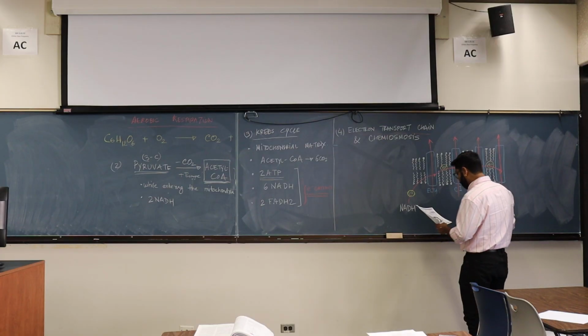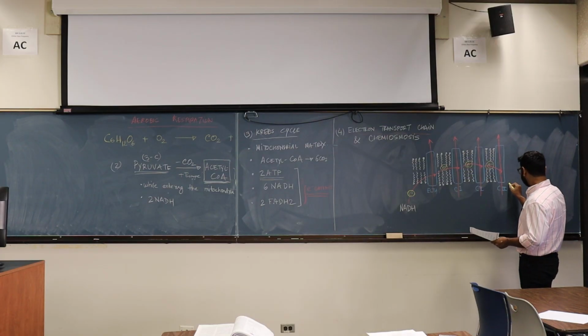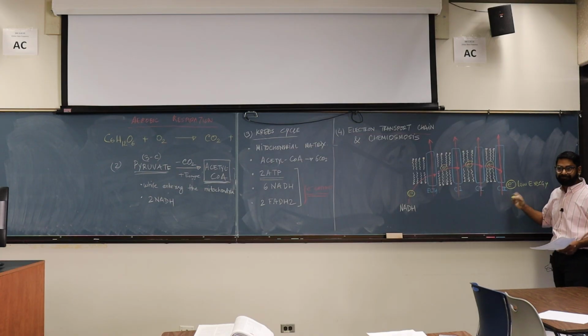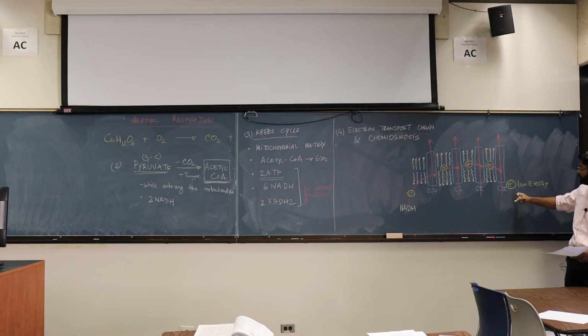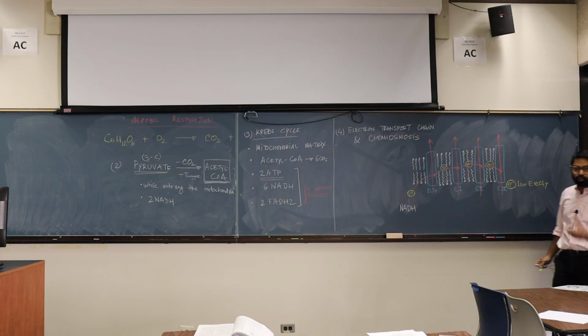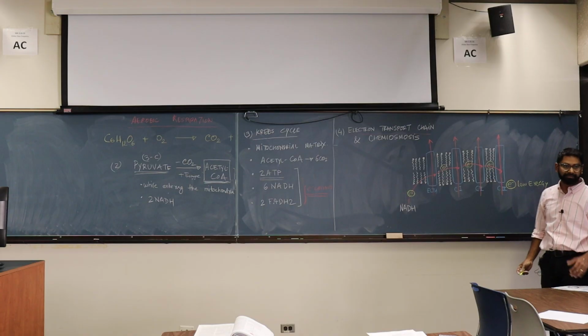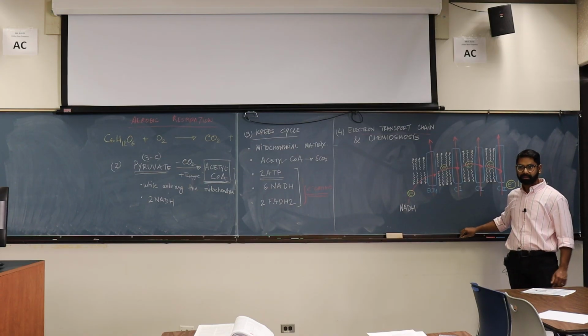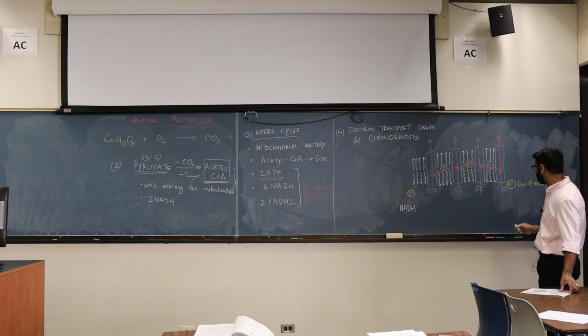Now, when you get to these low energy electrons in here, someone must be present to handle them, because loose electrons in the body are not good. Who do you think is going to accept these electrons? Oxygen. Oxygen is the electron acceptor.